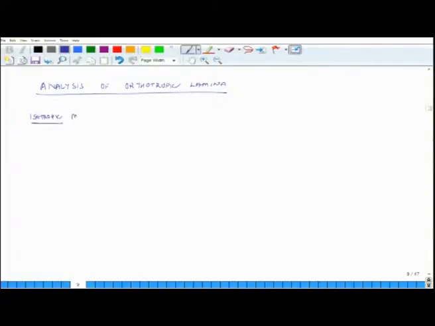For such a material, if I pull it, I only apply an extensional force on it, then it becomes longer and also it becomes thinner or slimmer.